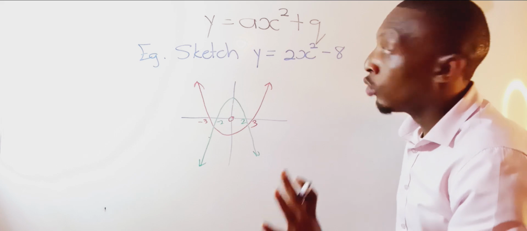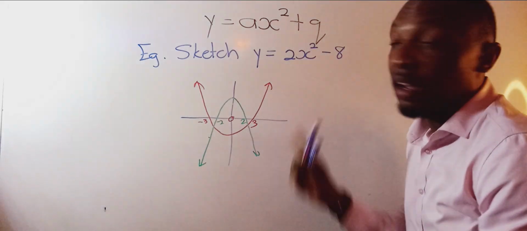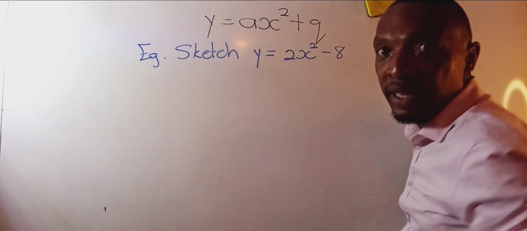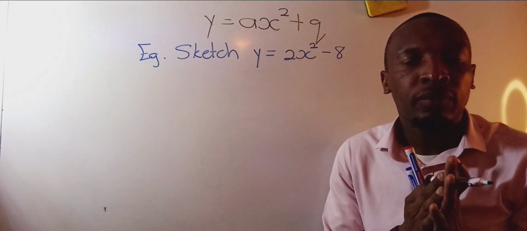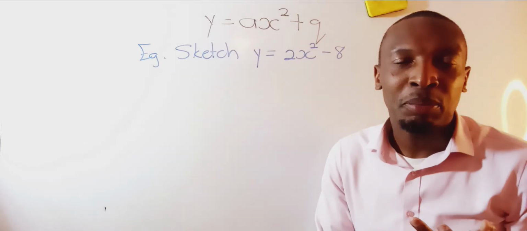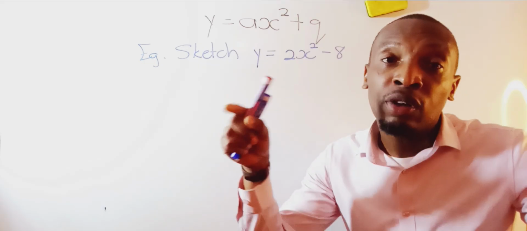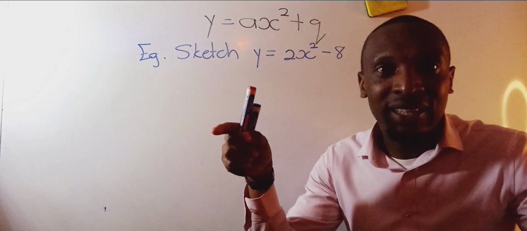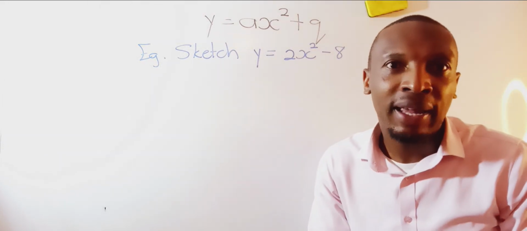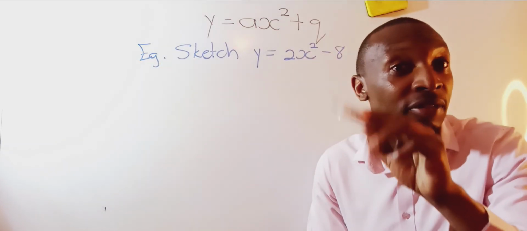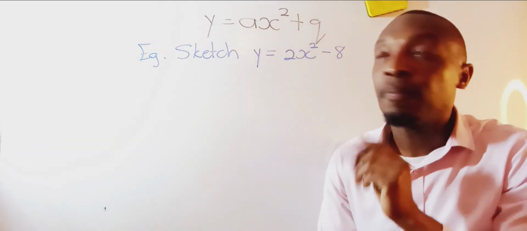Okay, so let's now answer this question. They say sketch this. Now, remember I said you use the dual intercept method. Okay, so we need to find where the graph cuts the x-axis and where the graph cuts the y-axis, and then join them with either a happy face or a sad face.